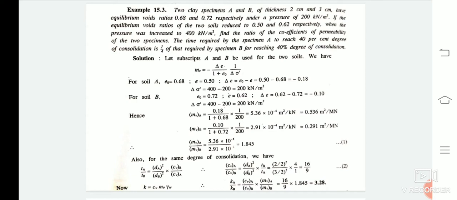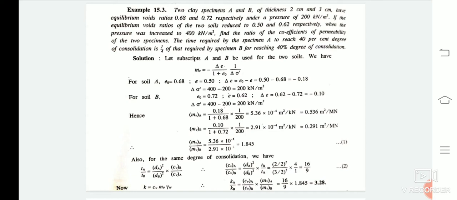The time required for A is 1/4 that required for B for achieving the same degree of consolidation. So let us provide the different subscripts A and B for the two different types of soil.